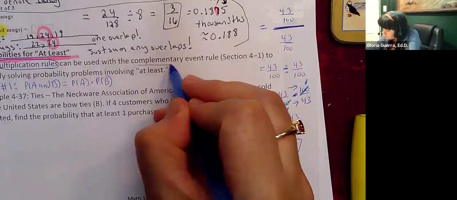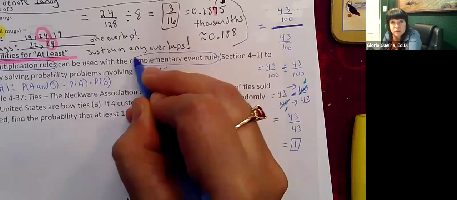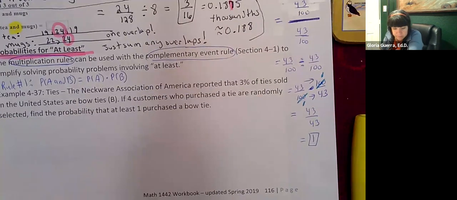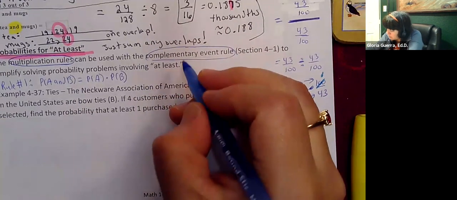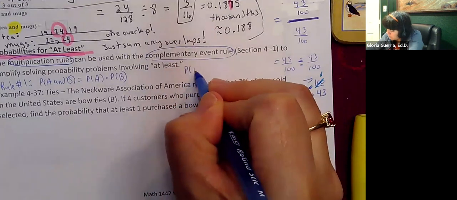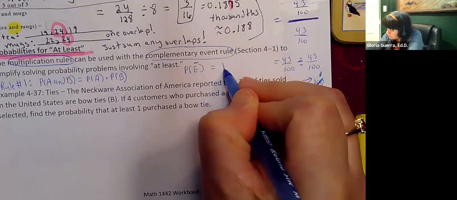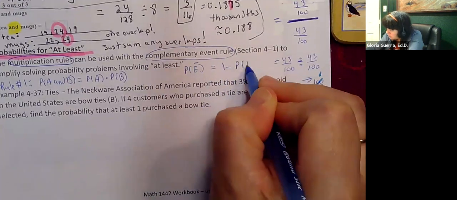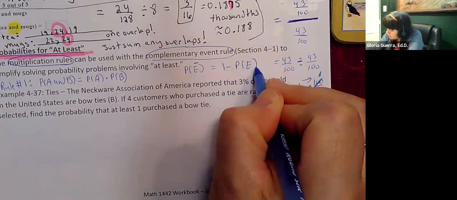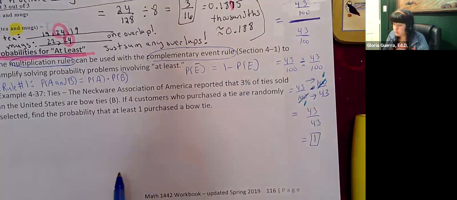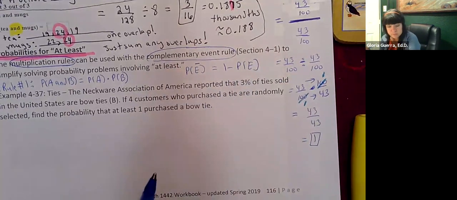Then the complementary event rule is probability of E bar is equal to 1 minus probability of E. Okay, so we're going to make use of that definition too.